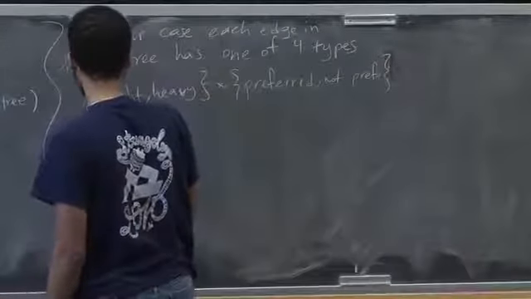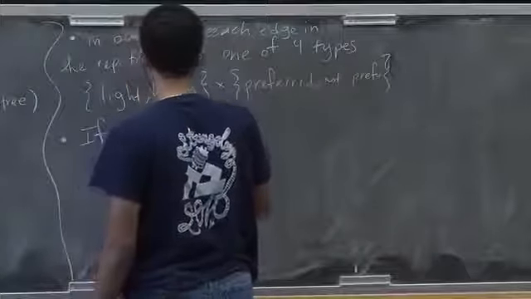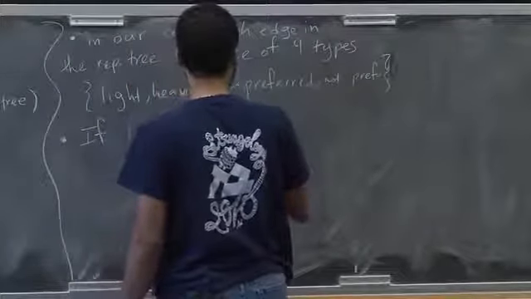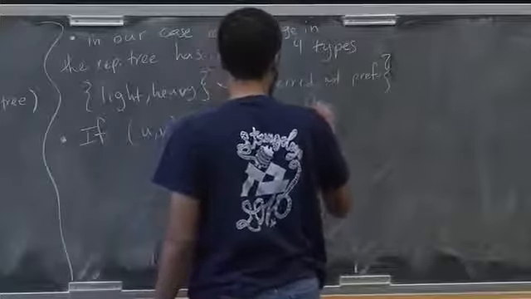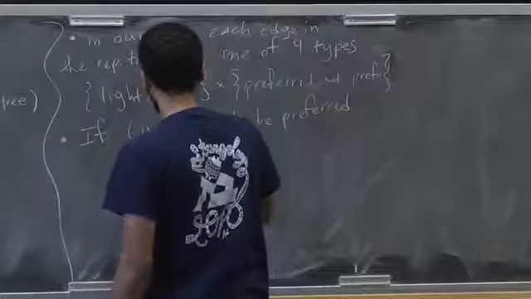Okay, so let's say if uv used to be preferred, let's call v the parent of u.